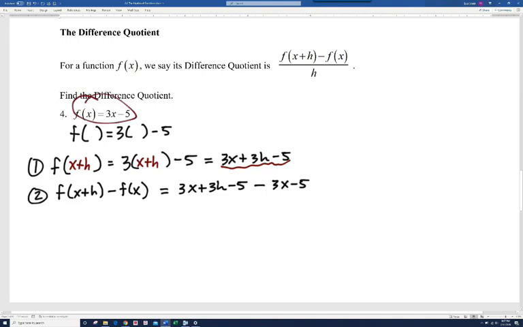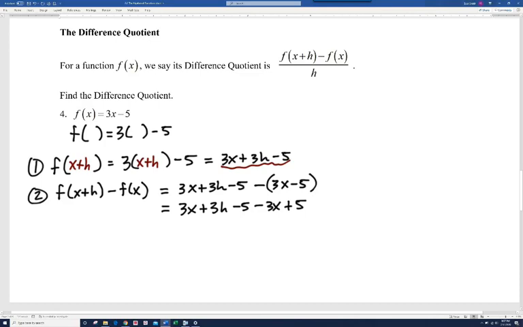Notice f of x is 3x minus 5. Now recall that when we subtract a binomial, we do need parentheses. So let's finish simplifying this. This is 3x plus 3h minus 5 minus 3x plus 5. So be careful with that sign of the 5.